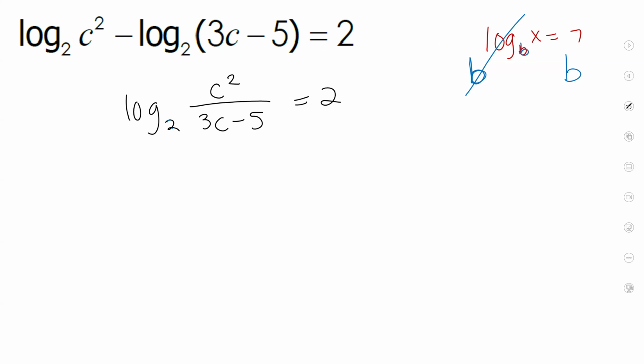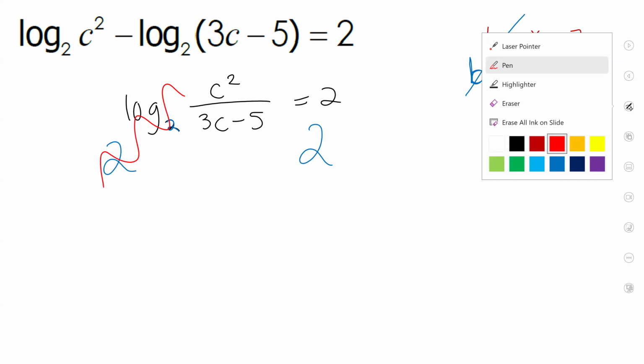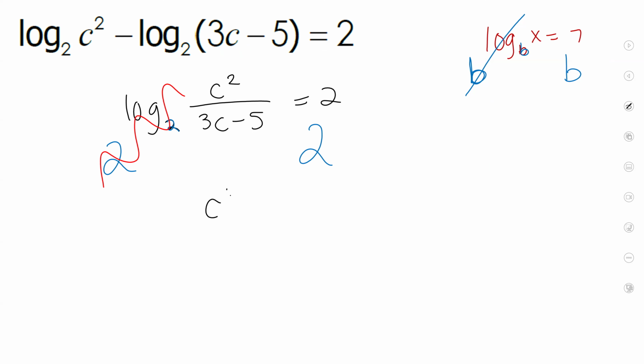A 2. So I'm going to make this 2 to the power of log base 2, 2 to the power of 2. So this will cancel out. What we're left with is c squared divided by 3c minus 5 equals 2 squared, which is 4.